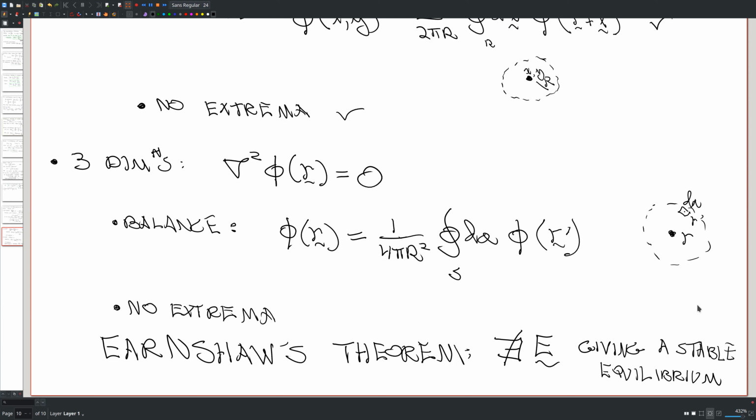Also, in order for it to be a stable equilibrium, I would need any displacement away from that point to give me a restoring force, namely a force directed back to my origin of displacement. So if I look at the change of the force as I move away, I'm looking at the gradient of E, essentially, the way the second derivative of phi changes.